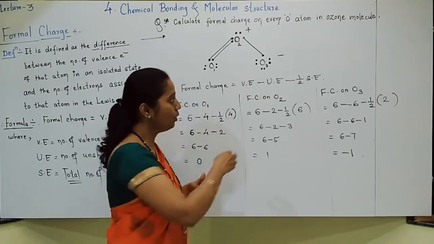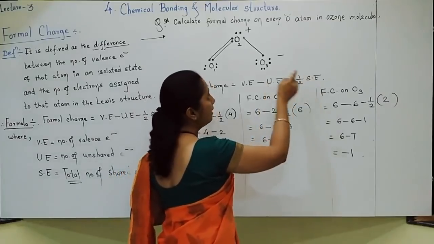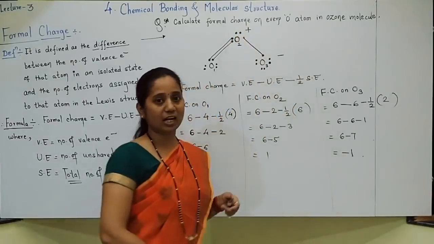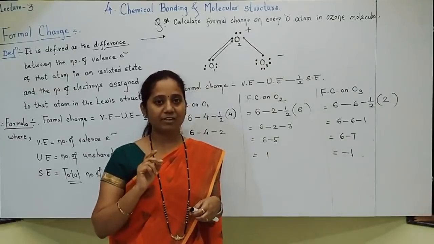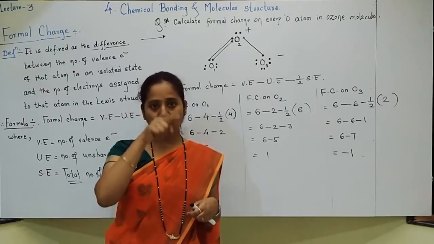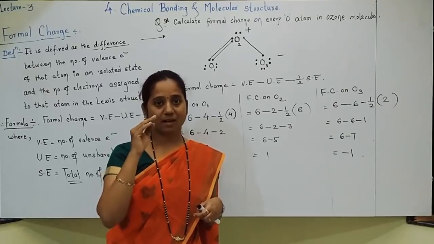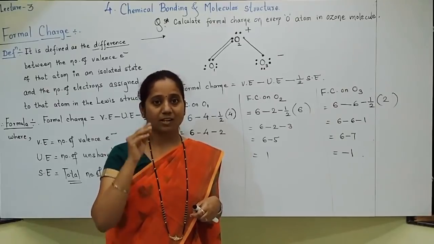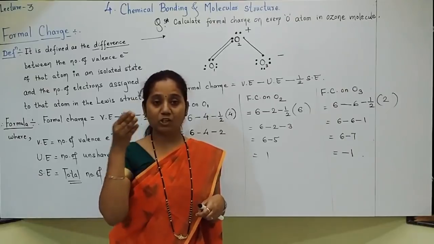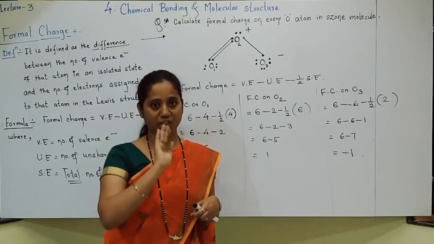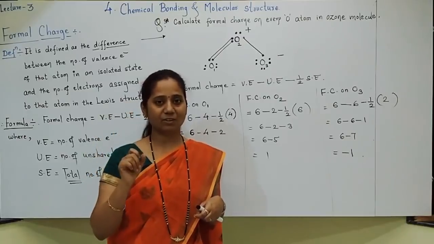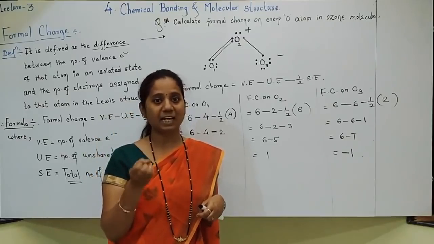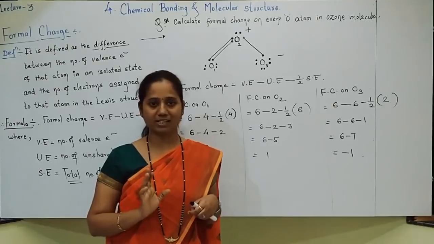Now see here, what is unshared and shared? These are the electrons which are assigned to that atom in the Lewis dot structure. In the Lewis dot structure, we are putting so many electrons. Out of all electrons, a few will be shared, a few will be unshared. Shared plus unshared is equal to the total number of electrons assigned to it in the Lewis dot structure.